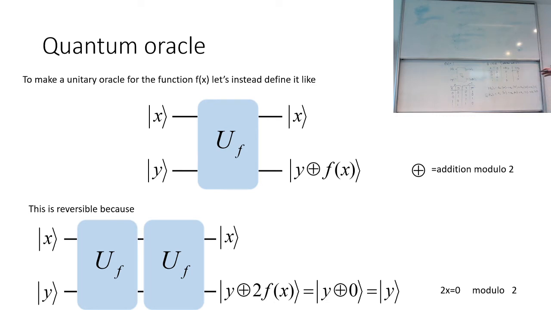So by writing down what happens for these specific input states, we can work out what an arbitrary quantum state would be if it went into this oracle operation.